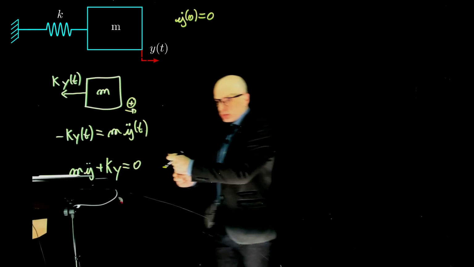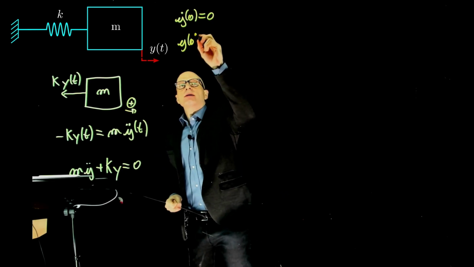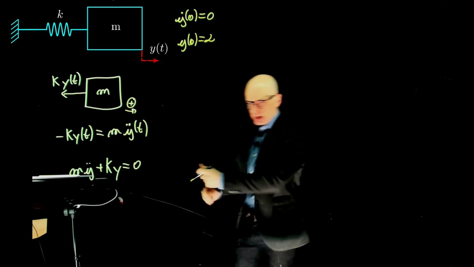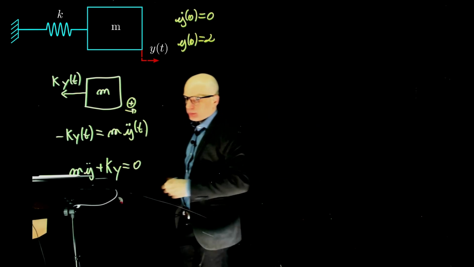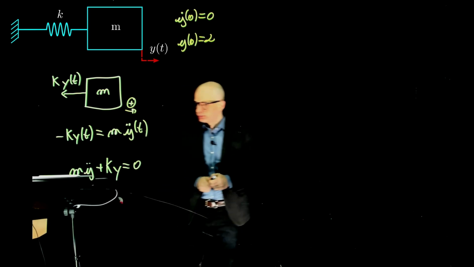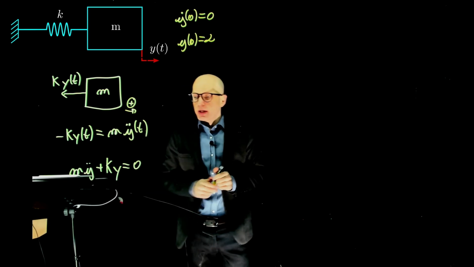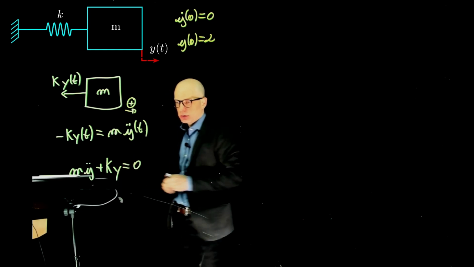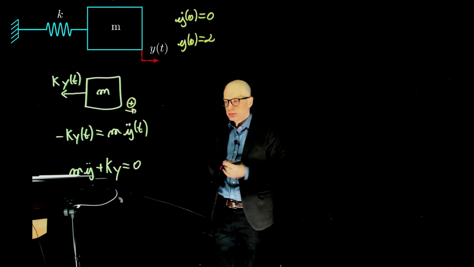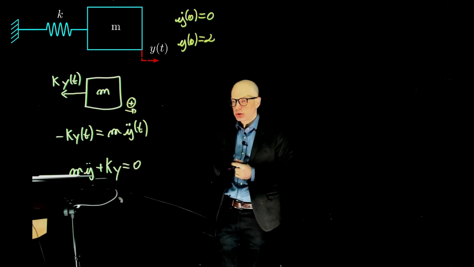And because you're stretching the spring by a factor of alpha, y at 0 is equal to alpha, that amount of stretch we're giving before we let it go. And this is the equation of motion. Now let's take the Laplace transform of this to find the corresponding equation in the Laplace domain.